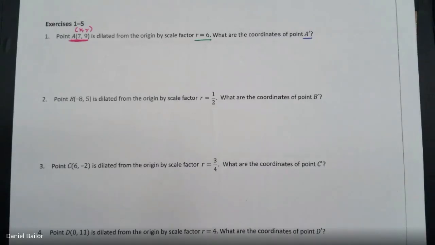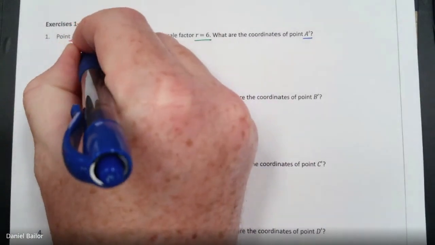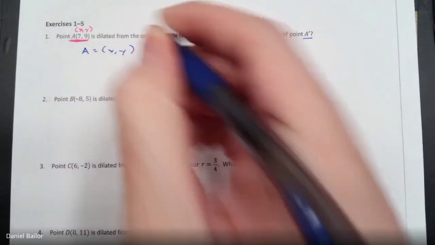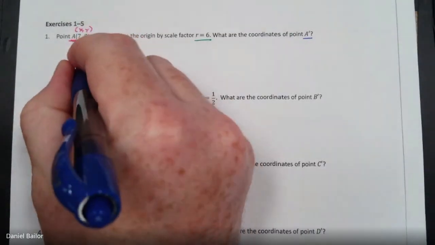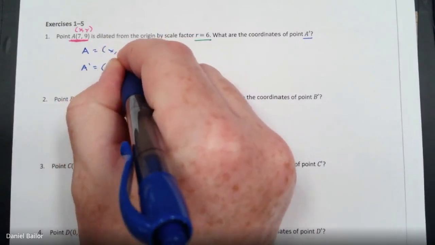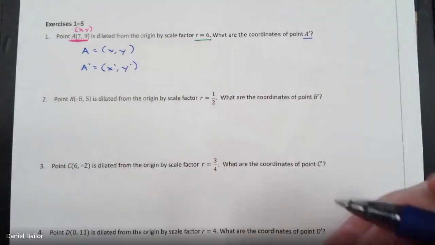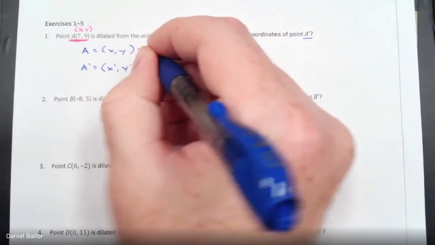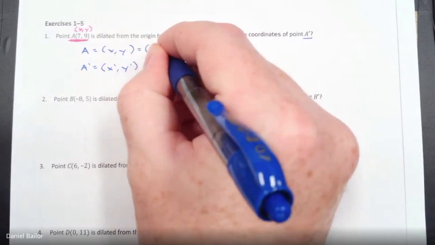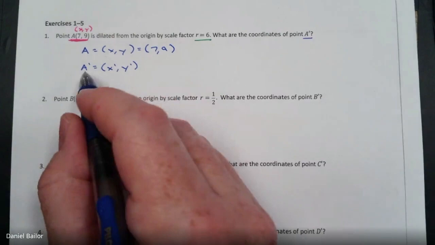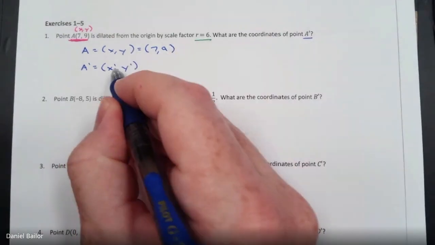So let's write this down. We know A is X, Y. We know A prime is going to be X prime, comma, Y prime. How do we find this? Well, we know A is X, Y, and we also know A is 7, 9. So how do we find A prime? We need X prime and Y prime.